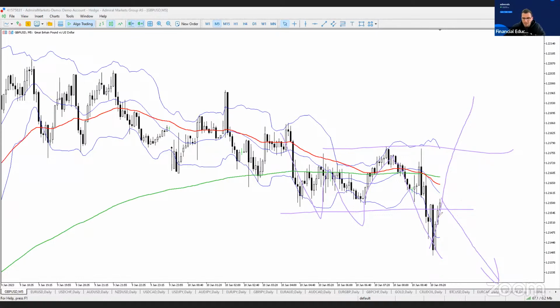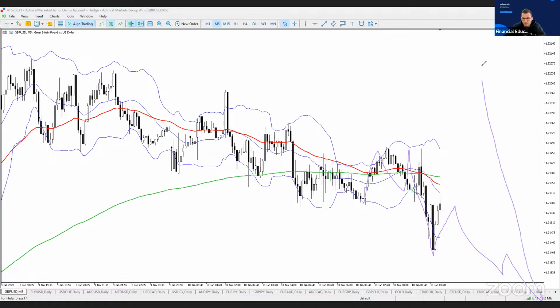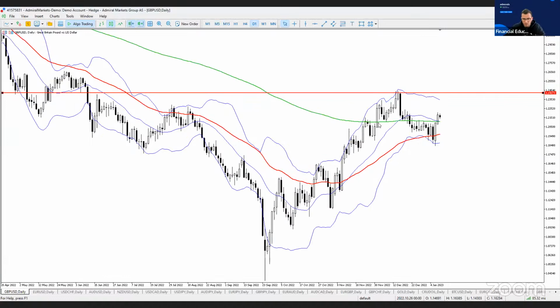But if the price does not create a new high here on the 5-minute chart, and just continues dropping without making a higher high retest and higher low, then most likely we're going to have some continuation to the downside. But from the overall big picture, it's not something I would like to trade, the downward move.